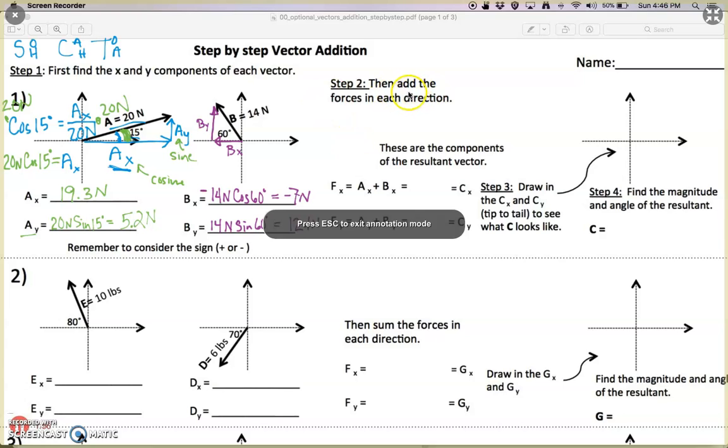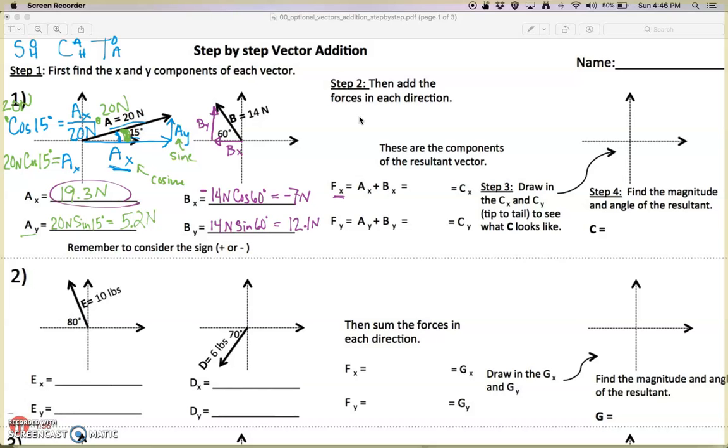So step 2 is going to add the forces in each direction. So we're going to say how far in the x direction did each vector go, and how far in the y direction, and what do they then add up to together. So in the x direction, I'm going to start out with 19.3 and negative 7 newtons.